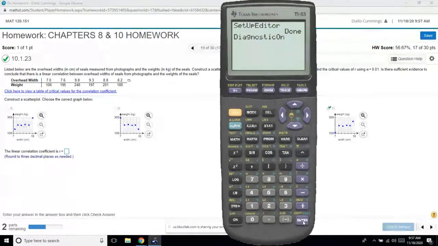And now I'm going to hit enter again. What this diagnostic on does is it gives you the R value. So if this diagnostic is turned on, you don't necessarily have to turn it on again unless your R value disappears, which we'll talk about in a second.